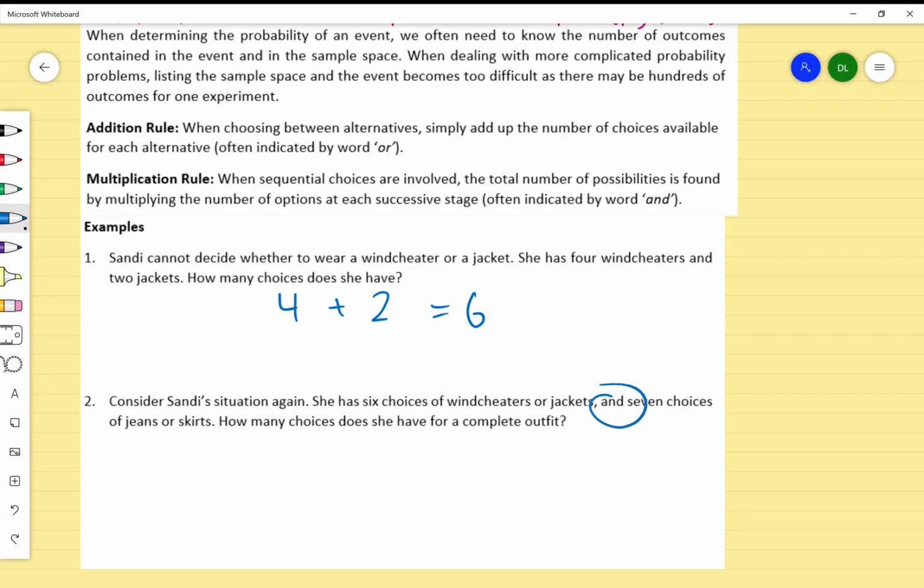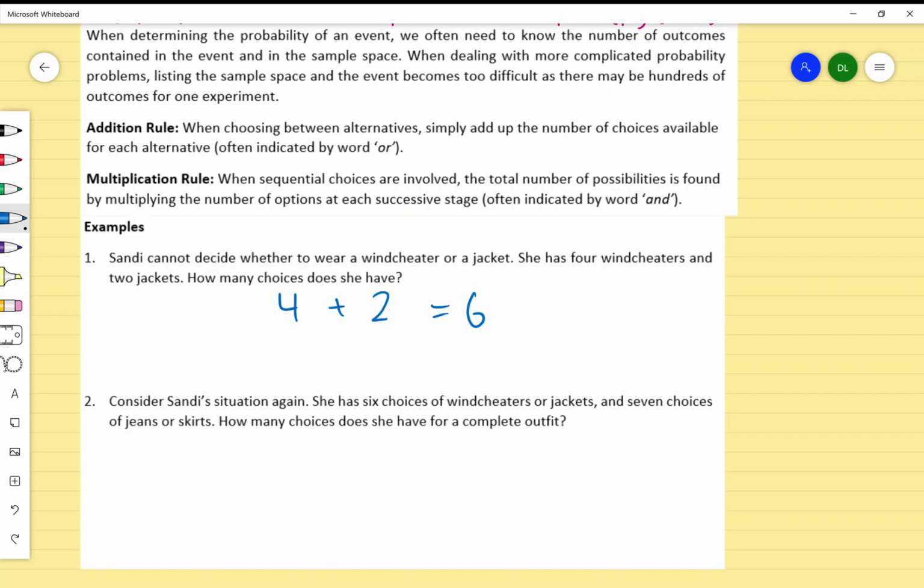Typically in probability or counting methods, we say, what's the probability of getting, and I'm going to pick a very cliche example, a heads and then a tails? Or what's the probability of getting a green marble and a red marble? So an and scenario presents us with something where we use the multiplication rule.